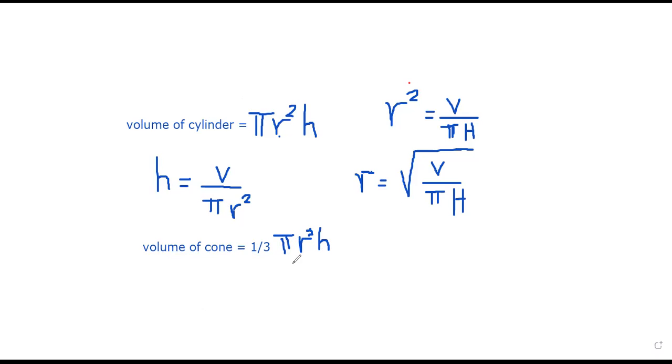So the volume of cylinder, how many times is it related to the volume of cone? If you start with the volume of cylinder, how many times equals the volume of cone? Twice, triple, or half? We said the volume of cone is a third, right? So the volume of cylinder is how many times the cone, if they have the same base?